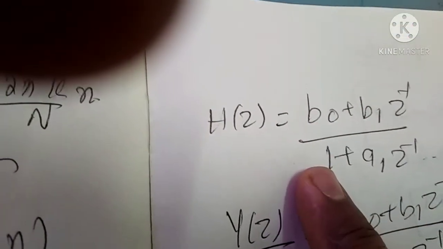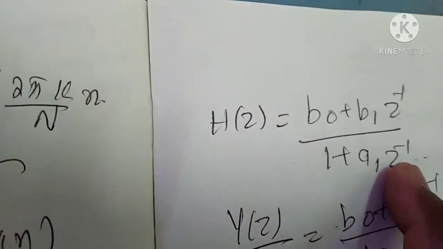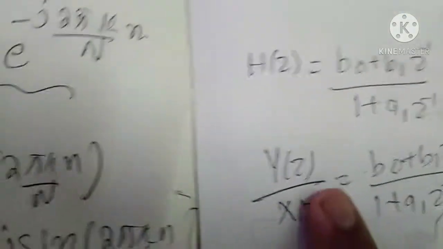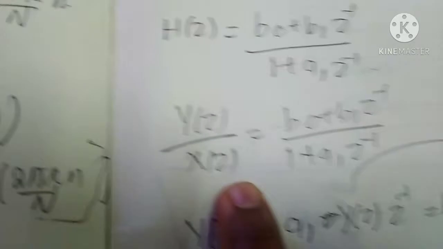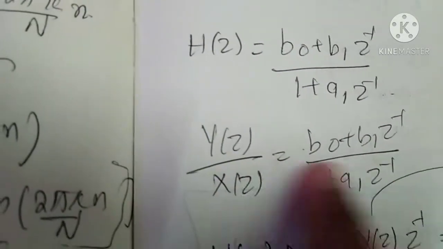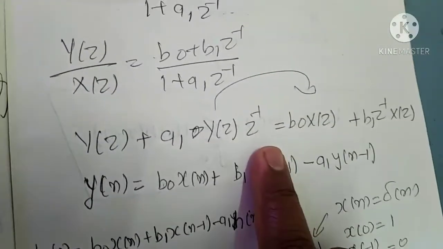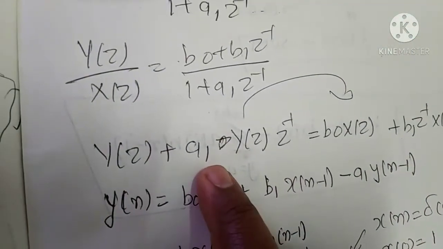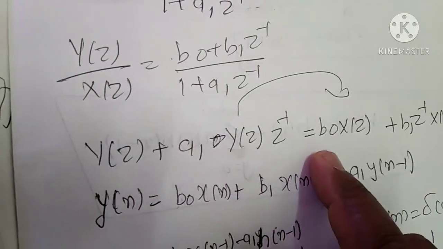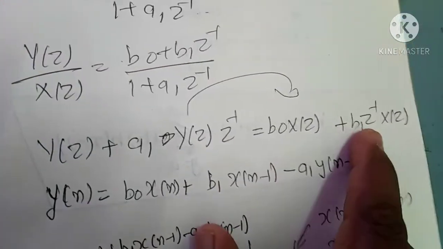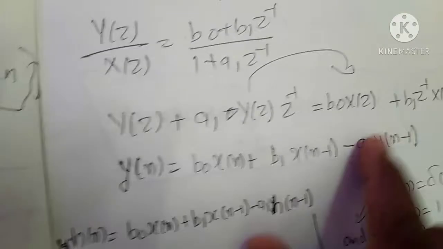This is the expression we are having. H of z can be written as Y of z by X of z. Now we take the inverse: we just multiplied this with this and got this expression. So Y of z plus a1 into z inverse into Y of z equals b0 into X of z plus b1 into z inverse into X of z.